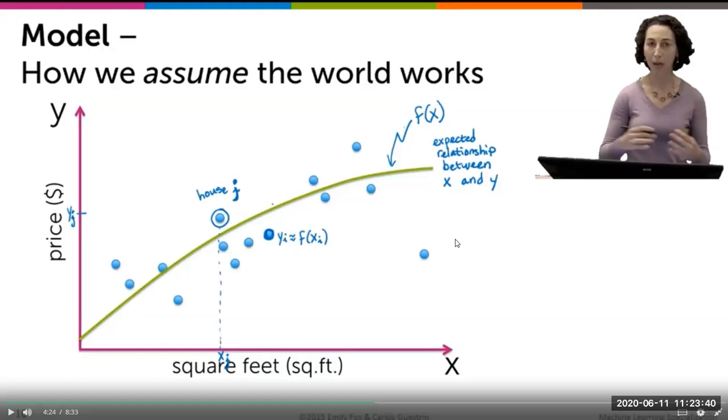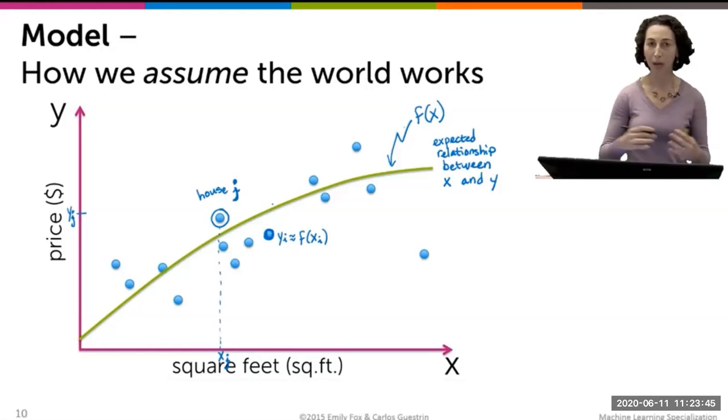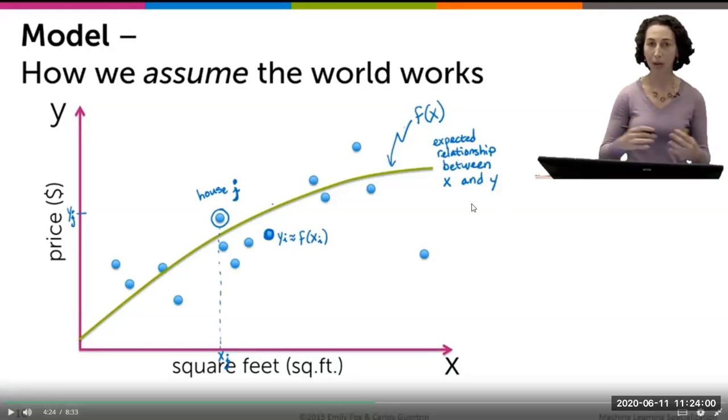So what are we taking into account in this model? Just the area, right? We're just looking at the area. So she said there are many other things, of course, that the price will depend on, but we're only taking into account the area, right? Okay. So that's why we don't expect everything to fall directly on this green line, right?